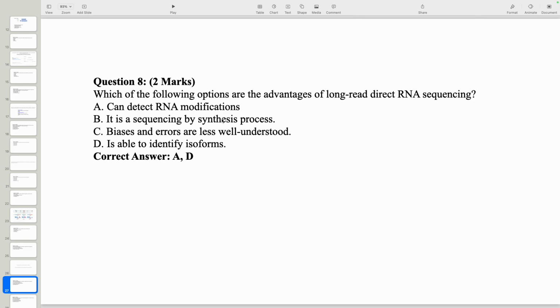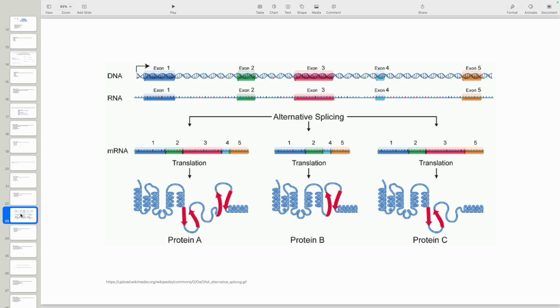Sequencing by synthesis is not correct here, because we are using the Oxford Nanopore principle. Biases and errors being less well understood is also not correct. Being able to identify isoforms is correct, because again we will get different signals for different combinations.